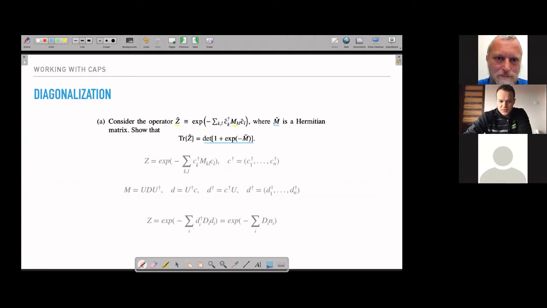So I will just write the simple formula of diagonalizing the matrix, so choosing another representation of this matrix M. D is the diagonal matrix, and U is a unitary transformation.